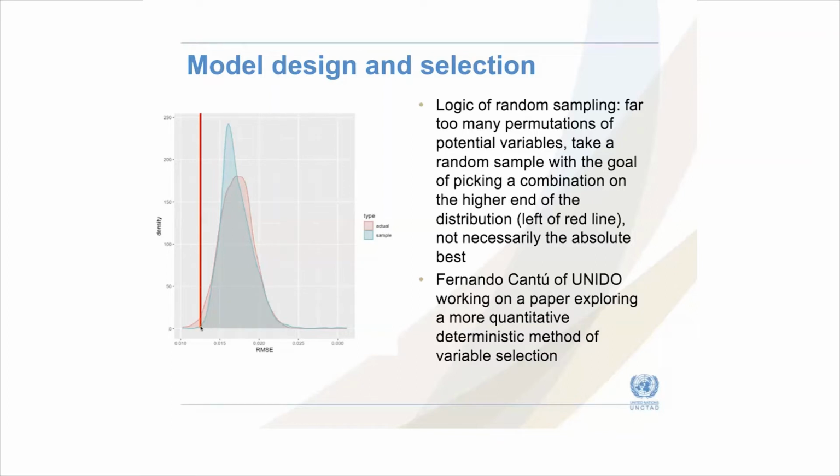By picking the best performing from that sample, you have an idea that, okay, maybe I haven't picked the absolute best model, this one way over here to the left, but relative to all my potential combinations, I've picked a very good performing model. And that's the logic behind the random sampling of all these potential explanatory variables.